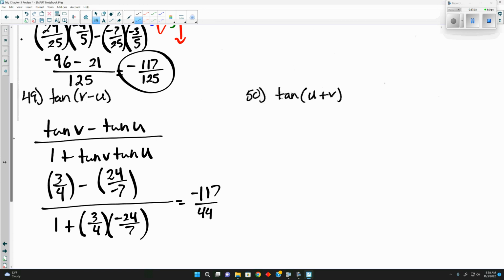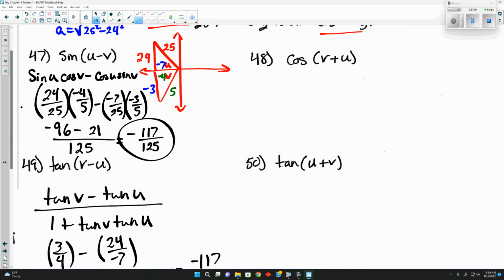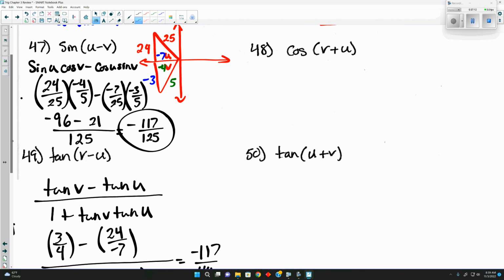Tangent of U plus V. Or is it sine or cosine? Cosine of U plus V. Because cosine of U plus V is going to be cosine of V, cosine U minus sine of V, sine of U. And really for this one, which one you put as V and U doesn't matter because they're next to each other. So cosine of V is -3/5.